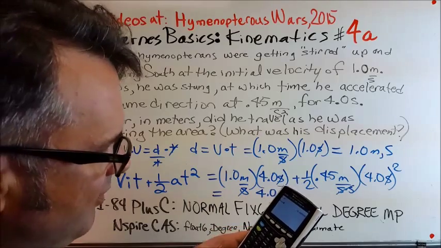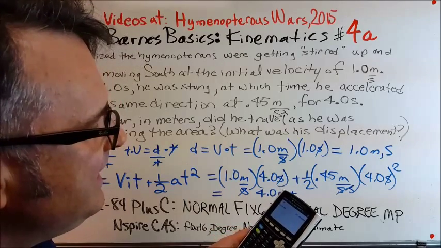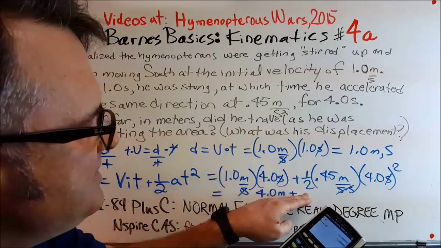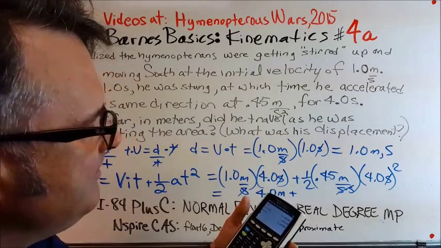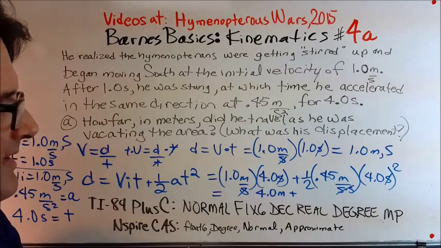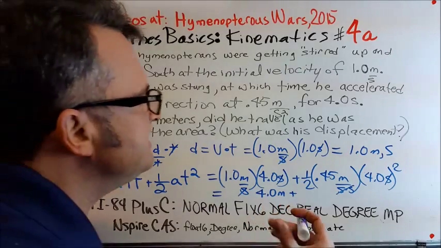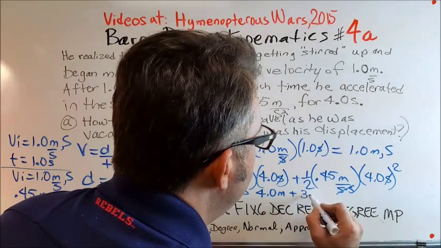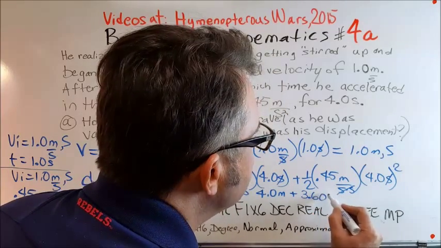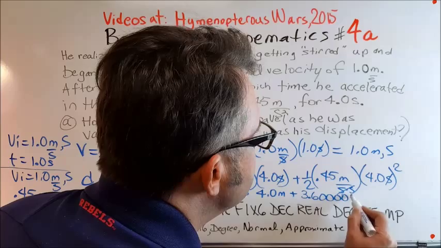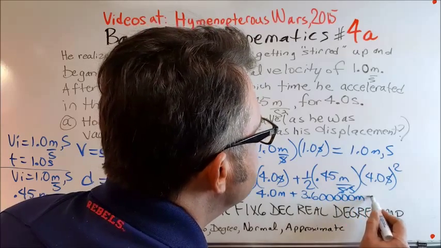Multiplied by 0.45, enter, I got 7.2, divided by 2, and hit enter. And so I got 3.6. I've got float 6, so I've got 5 zeros behind here. No surprise, and that's meters.